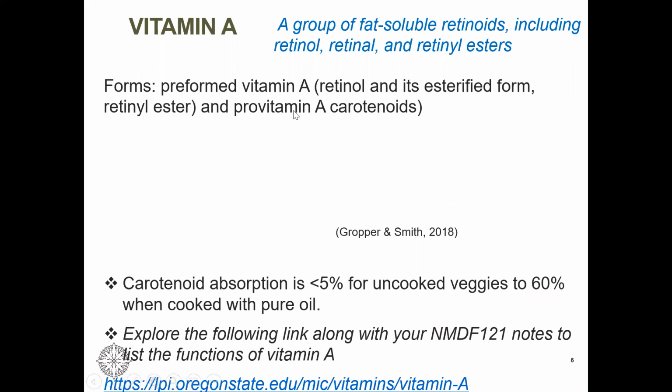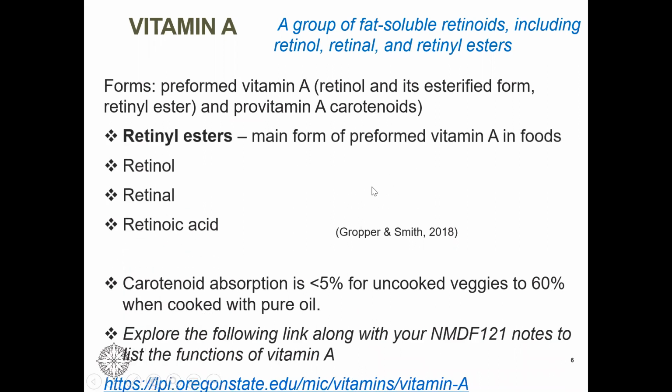That's why vitamin A from carrot, sweet potato, pumpkin, we call provitamin A carotenoids, because our body converts it into retinol or retinyl ester. Can the body convert 100% of carotenoids into retinol? Is all the beta carotene in the carrot converted to retinol in our body? No, it's just 50%. Okay.